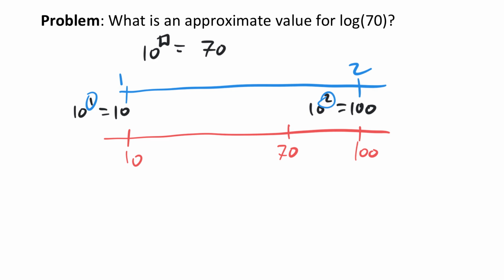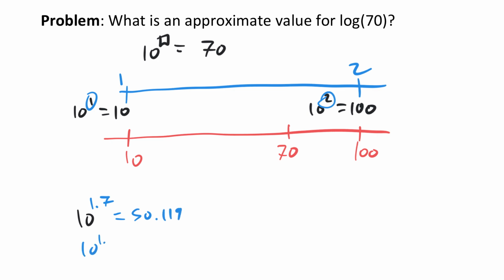We could do, maybe, 10 to the 1.7. We could try that. 10 to the power of 1.7 gives us only 50. It's not quite enough. 50.119.